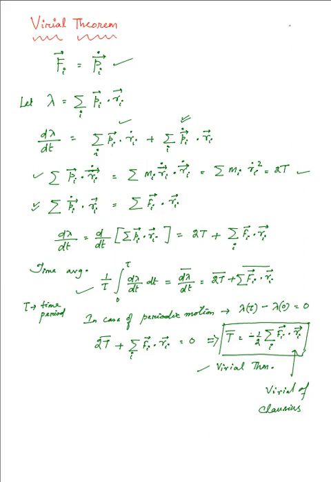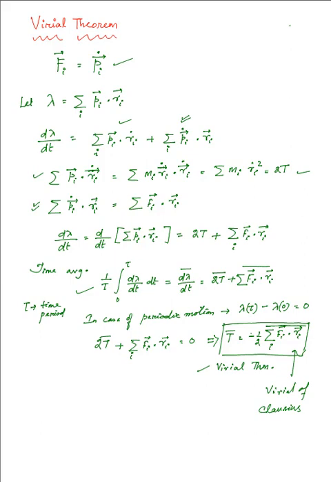I've forgotten the average over here, so let me take the time average, represented by the bar notation. So minus half of the sum of F_i dot r_i is completely set under the bar, which represents the time average over the entire time period.